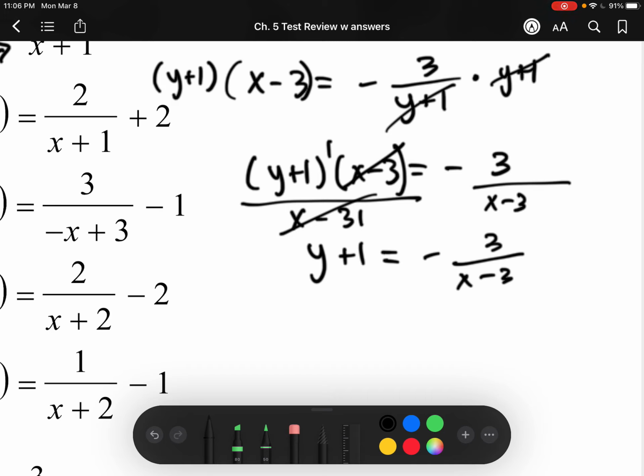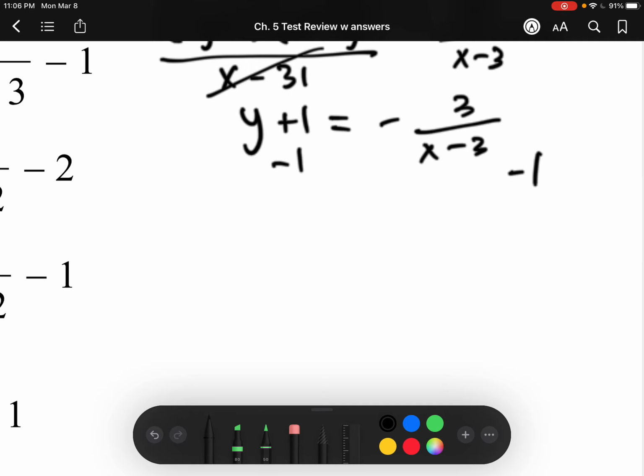And then the last thing I have to do to get y by itself, I'm going to get rid of this plus 1 by subtracting 1 from both sides, right? And my final solution for y is going to be y equals negative 3 over x minus 3 minus 1.